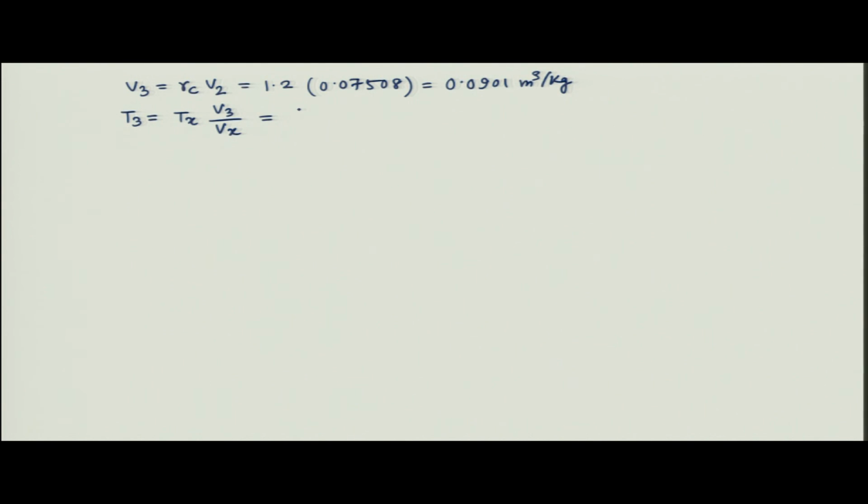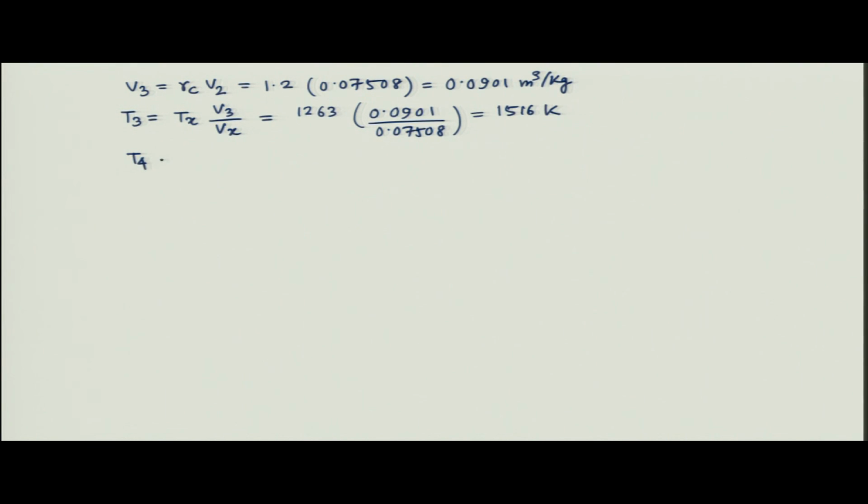So, Tx was 1263 Kelvin and V3 upon Vx is nothing but V3 we have already calculated, 0.0901, and Vx is 0.07508, okay, which is basically 1.2. So, you can find T3 as 1516 Kelvin.